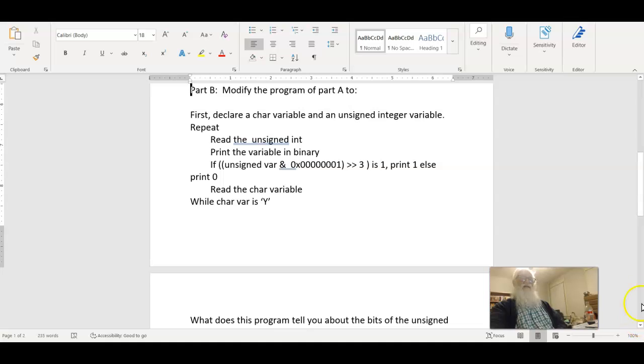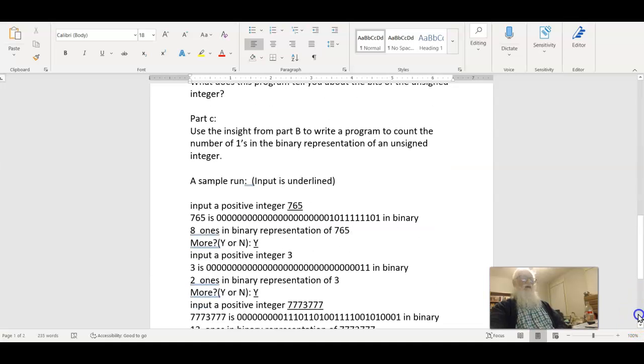And then think of those two and write this program, which I did not give you the algorithm for. You're to read in an unsigned integer the same way as you did up here. In other words, you're going to have it looping. And I want you to count the number of ones in the binary representation.